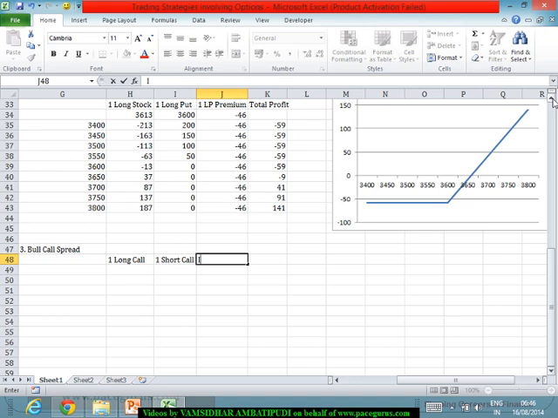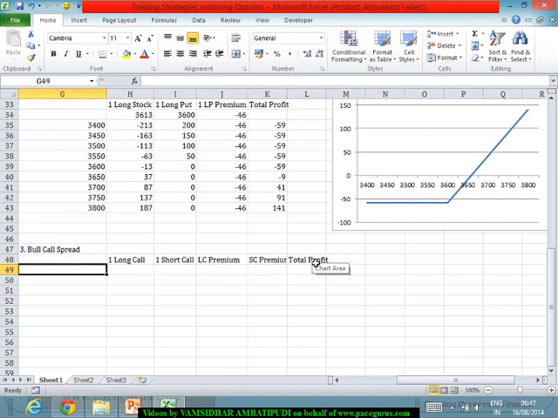Because I have taken a long call, there is a long call premium involved, and because there is a short call, there is a short call premium also involved, right? And associated with all these things is what I want to find out, the total profit.